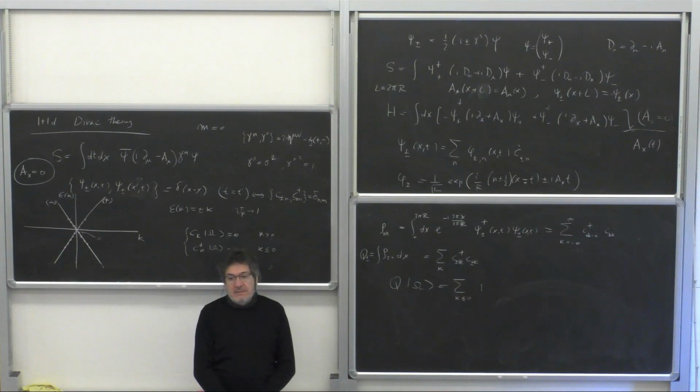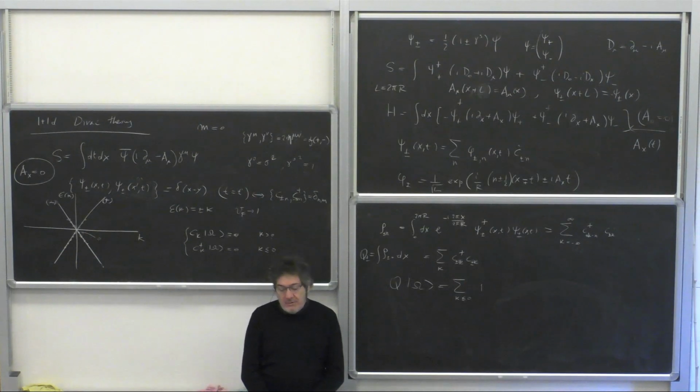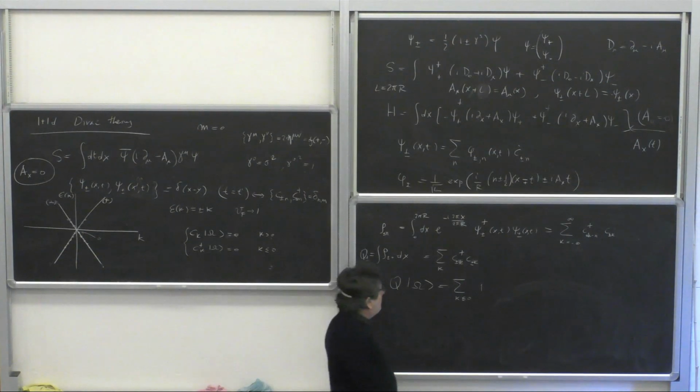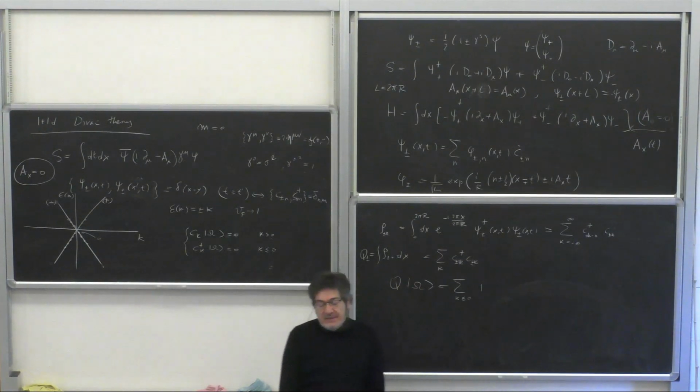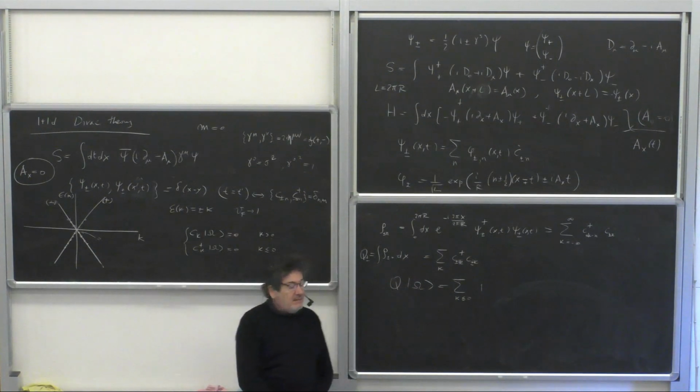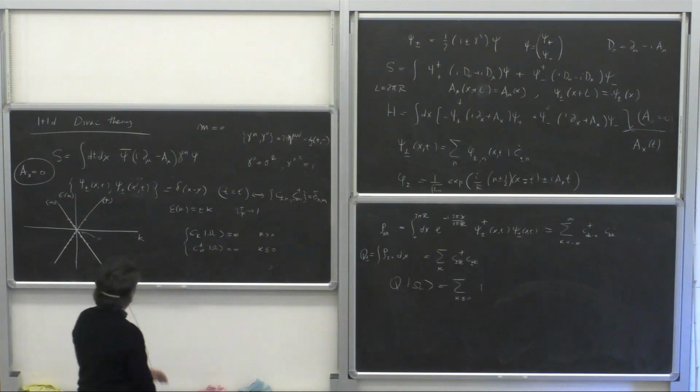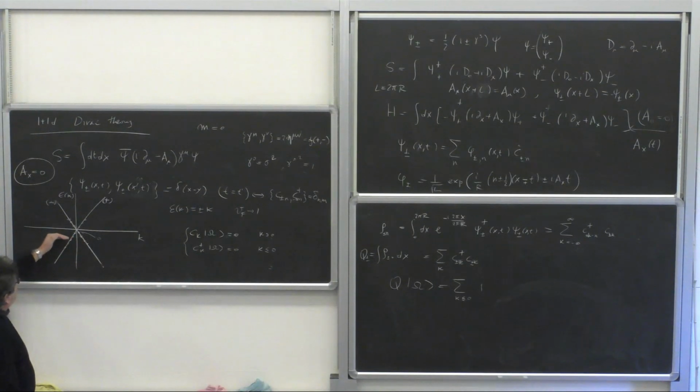So what is the idea now? The idea is that you do the so-called normal ordering. That means you remove this value of the charge of the ground state, because in fact you are interested in excitations around the Fermi surface, the excitations about the ground state. So you don't care about the charge of these states. You only want to know the charge of fluctuations of the ground state.